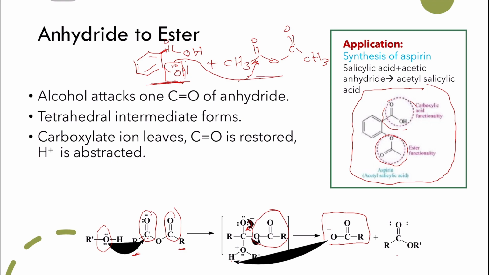This is why in your lab you will be provided with acetic anhydride and salicylic acid and will be asked to prepare aspirin. The mechanism of the reaction is exactly the same, but you have to replace these R groups with salicylic acid for the alcohol, or with CH3 in the case of acetic anhydride.